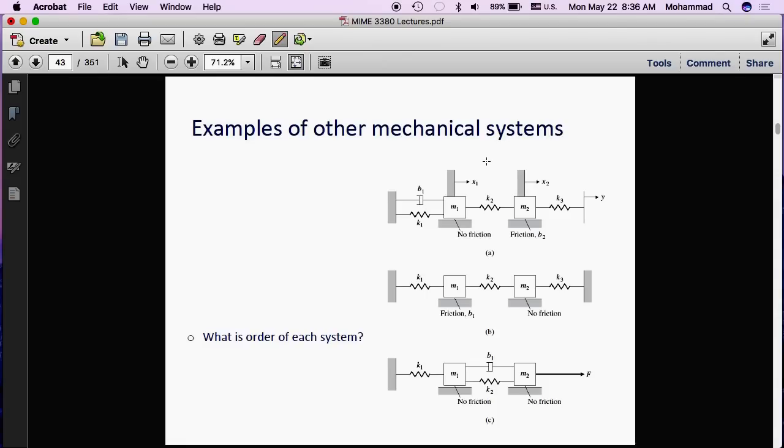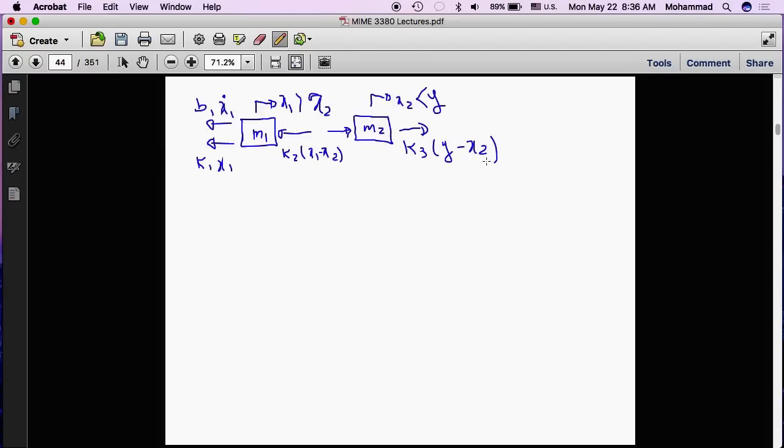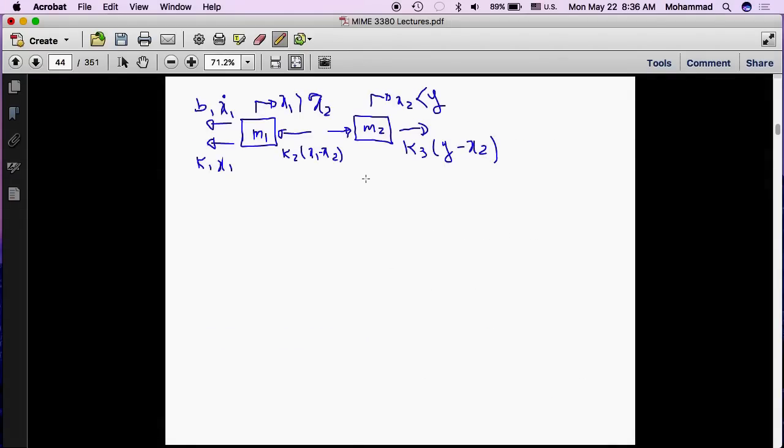That basically says the amount of friction is proportional to speed of motion. The faster you move, the more friction force it would apply. And this friction, the coefficient B2, essentially implies that. So we know the level of the force is going to be B2 times what variable? What is the speed of mass 2? x2 dot. So it would be B2 x2 dot.